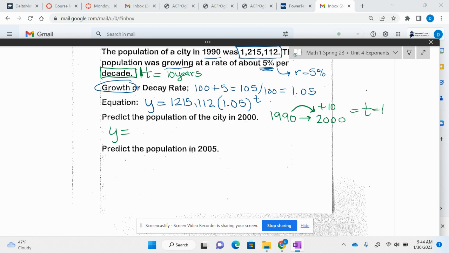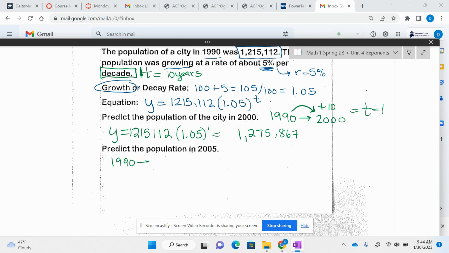So I'm going to evaluate my equation, y equals 1,215,112 times the quantity 1.05 to the power of 1. That is 1,275,867.